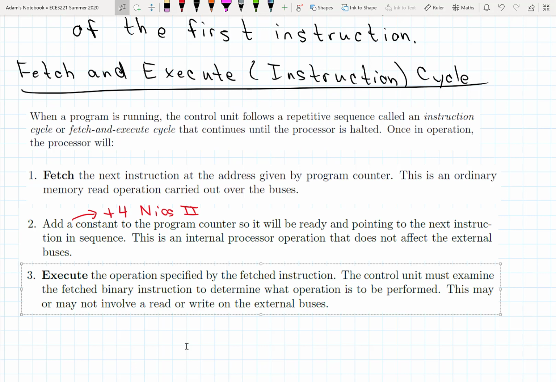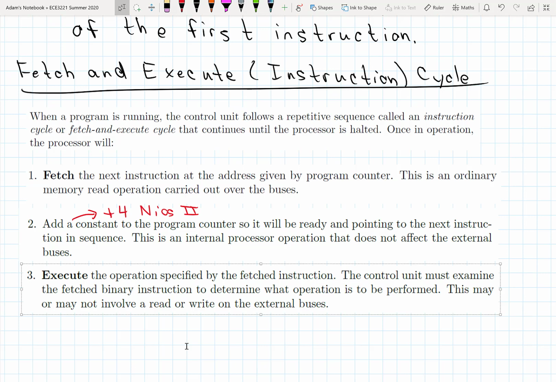Okay, so the control unit will examine the instruction that's to be executed, and will therefore perform the correct generation of signals that may need to be involved.